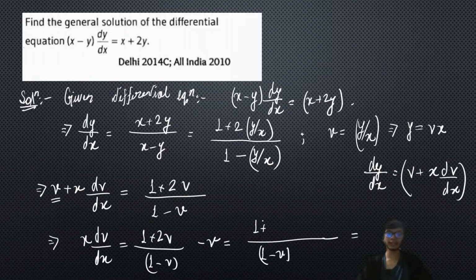Now if you just look at it, it is basically becoming a form of variable separable, right? So proceeding with the solution of variable separable form, I can take the dv part with the v.